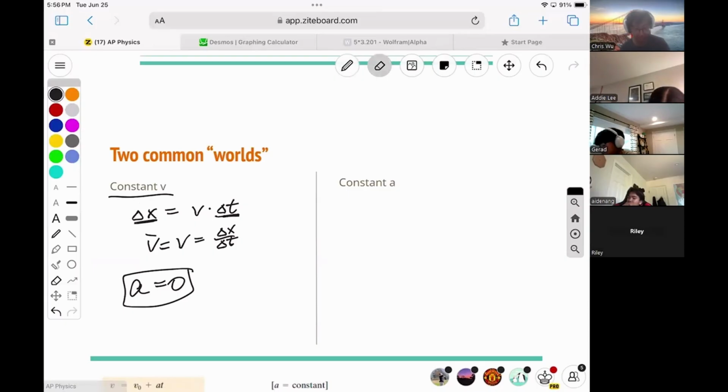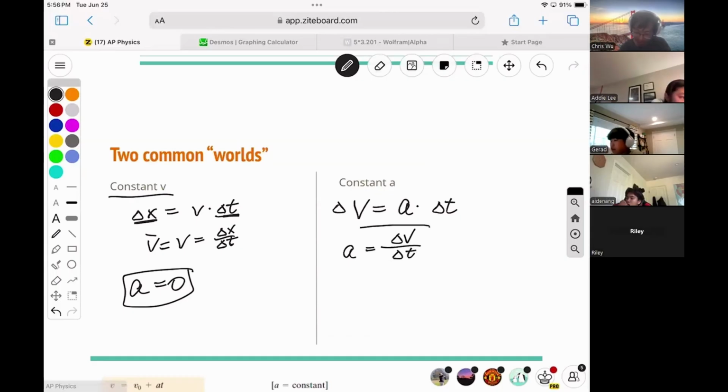The more time you have, the more displacement you have. It's a linear relationship with t, right? Now, we're going to apply that to v as well. In this case, delta v equals a times delta t. And we define acceleration as the change in velocity over the change in time.